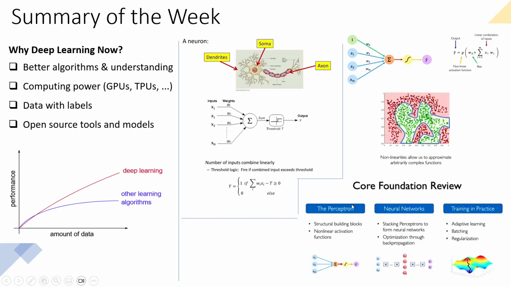And then we have seen we need not one neuron, but we need a lot of neurons and a lot of layers in order to solve complex problems. In order to define our neural network, we need to define the layers. We need to define the activation functions of these layers.